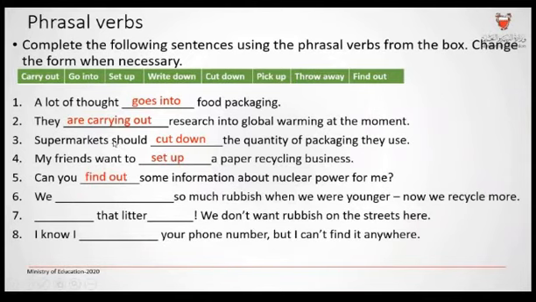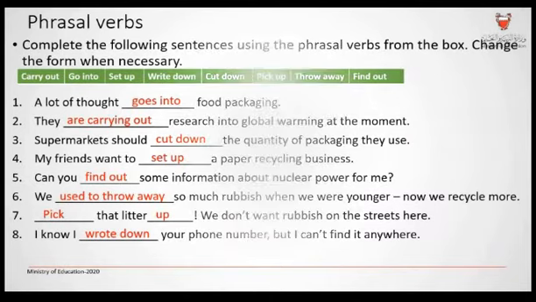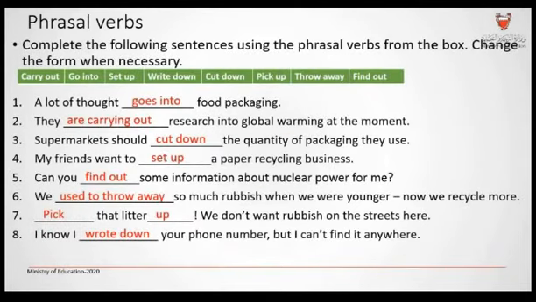3. Supermarkets should cut down the quantity of packaging they use. 4. My friends want to set up a paper recycling business. 5. Can you find out some information about nuclear power for me? Number 6.